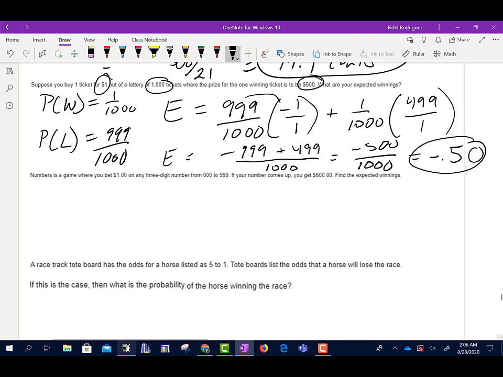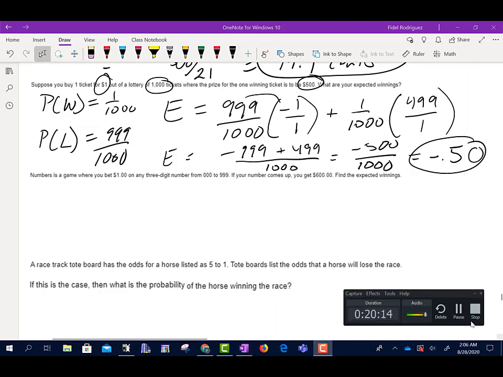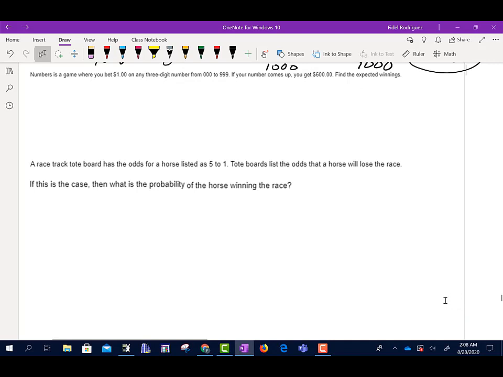All right, let's do the next problem. Okay, so the problem here says numbers is a game where you bet $1 on any three-digit number from 000 to 999. If your number comes up, you get $600. Find the expected winnings. Okay, so guys, let's see how many numbers we're actually going to have. If we were going to go from 1 to 999, we would say there's going to be 999 numbers.